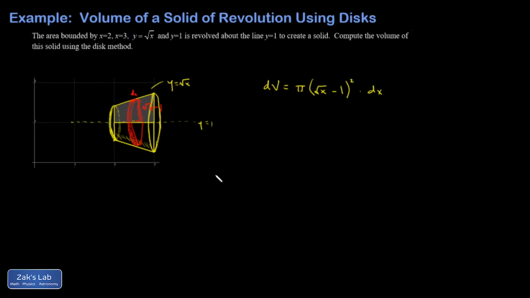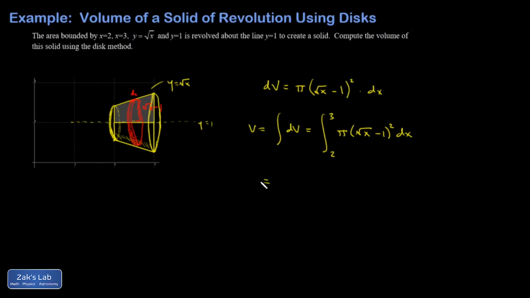And so this is going pretty smoothly. I can just add these up with an integral, and I'll get the total volume of all the infinitely many infinitesimal disks all put together. So we're going from x equals 2 to x equals 3.